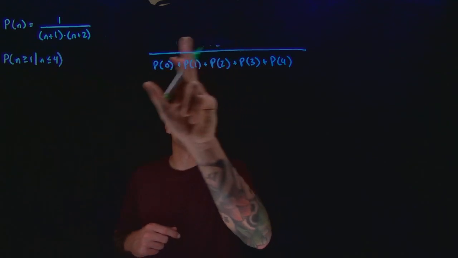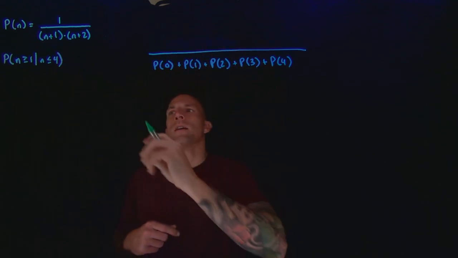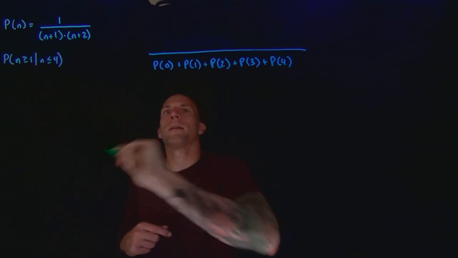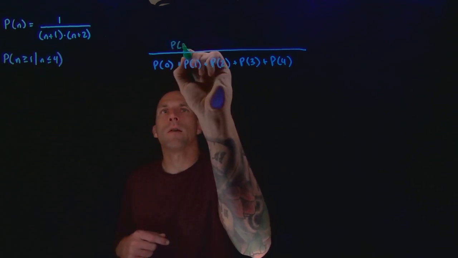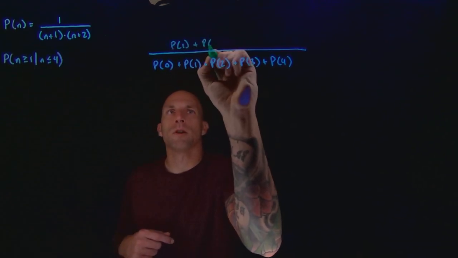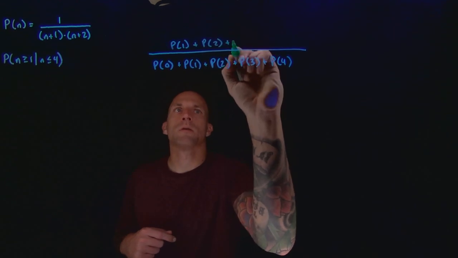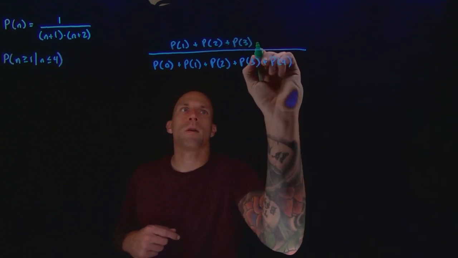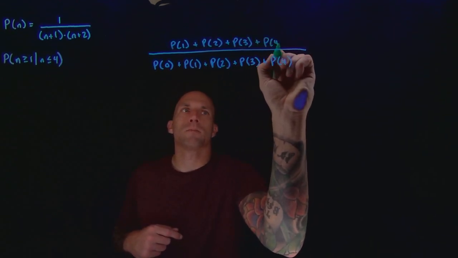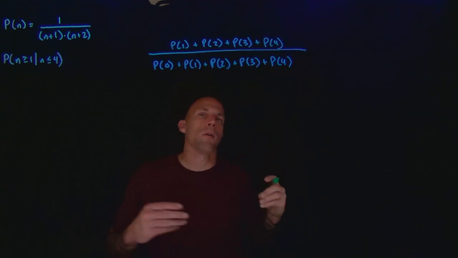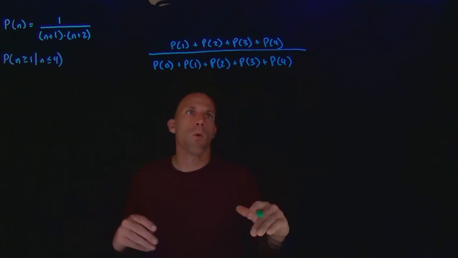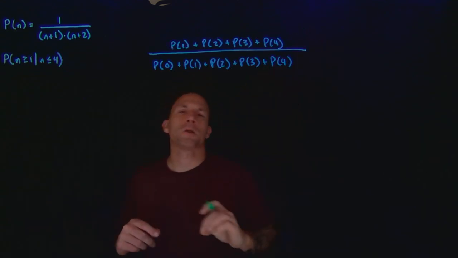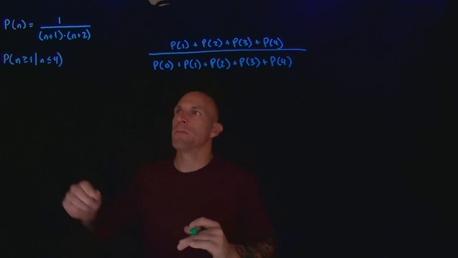So that's not going to work here. Instead, we want the probability of 1 claim plus the probability of 2 claims plus the probability of 3 plus the probability of 4 claims. So this is a fraction we're going to use to get our answer.